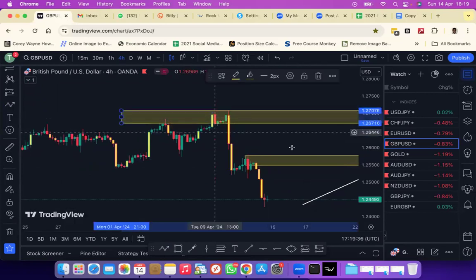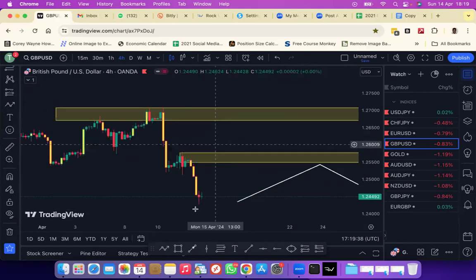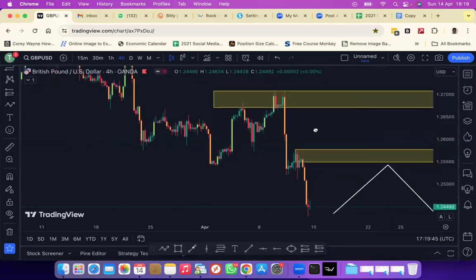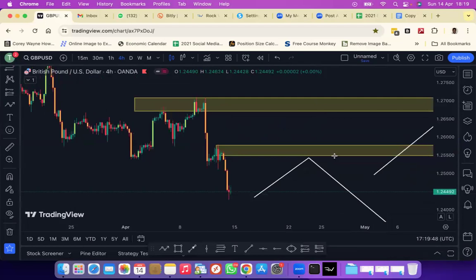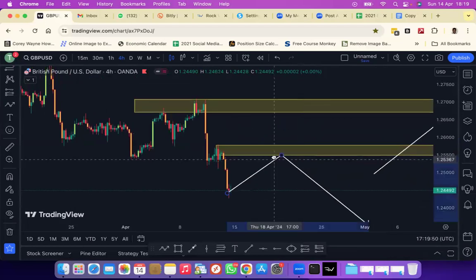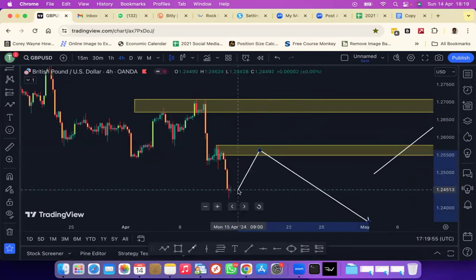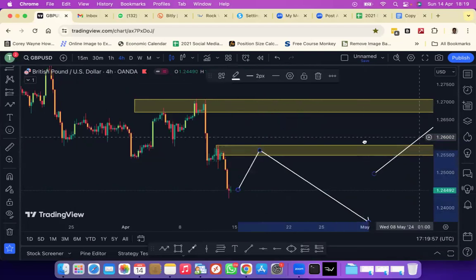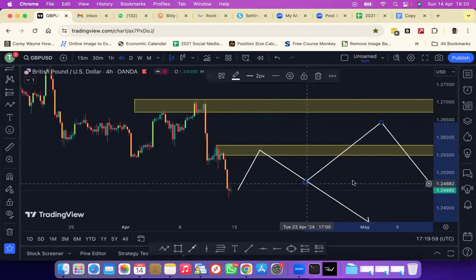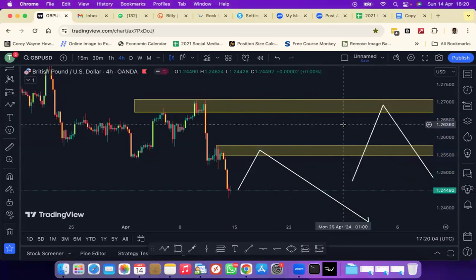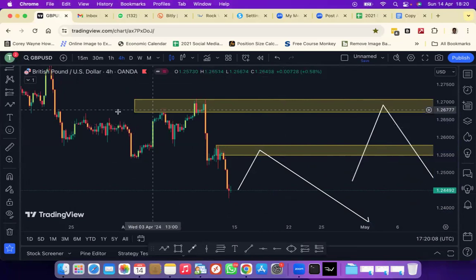What I'm waiting for this week is very, very simple. I'm waiting for price to retrace into the zone. So this is a 4-hour zone. I want price to get into the zone. And then on the 15 minutes time frame, I'm going to be looking for sell opportunities. So that is GBP USD.